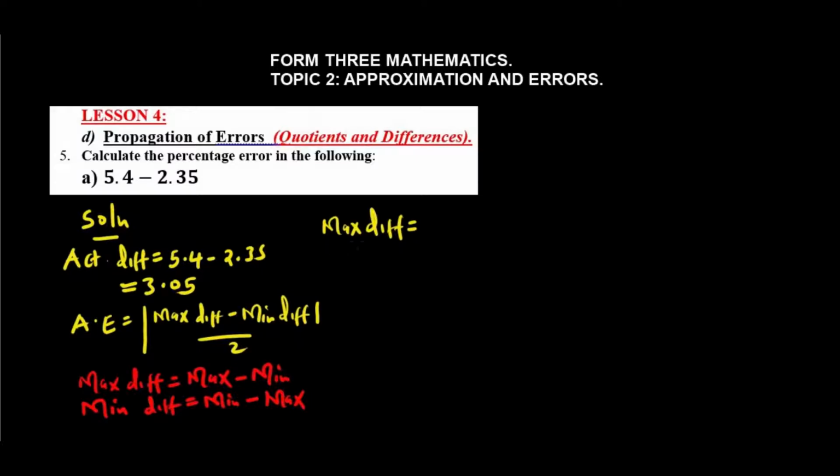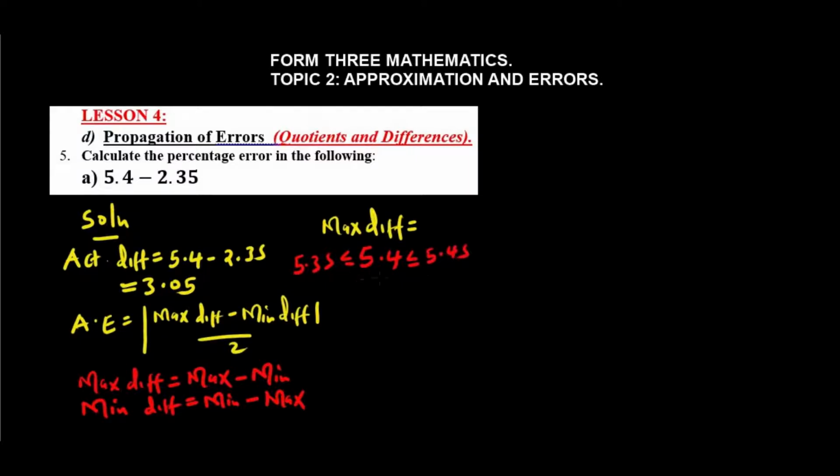Like always, first we need to determine the limits of 5.4. So 5.4 ranges from 5.35 to 5.45.